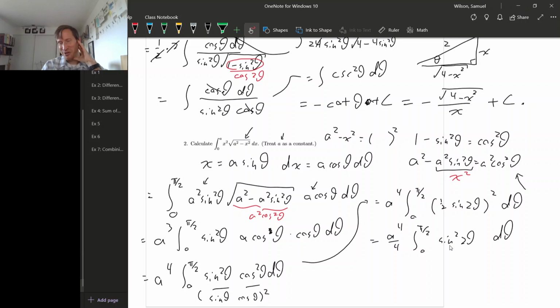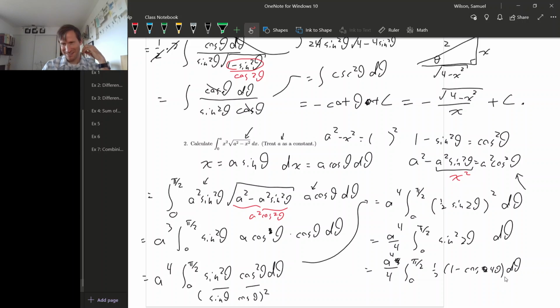Now I need to use another double angle identity. That's a to the 4th over 4 times the integral from 0 to pi over 2. Sine squared 2 theta is 1/2 times 1 minus cosine 4 theta, d theta. Right?